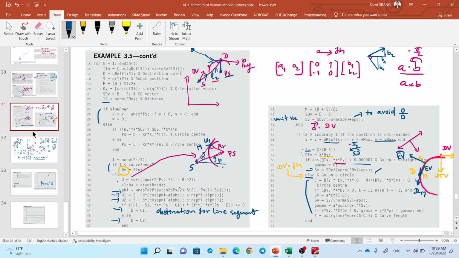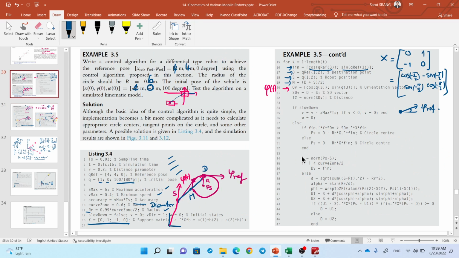So actually, the inputs of this code are all here before the loop. If you want to simulate, inside the loop you don't need to change anything. But outside the loop, you can change the parameters according to your simulation scenario.